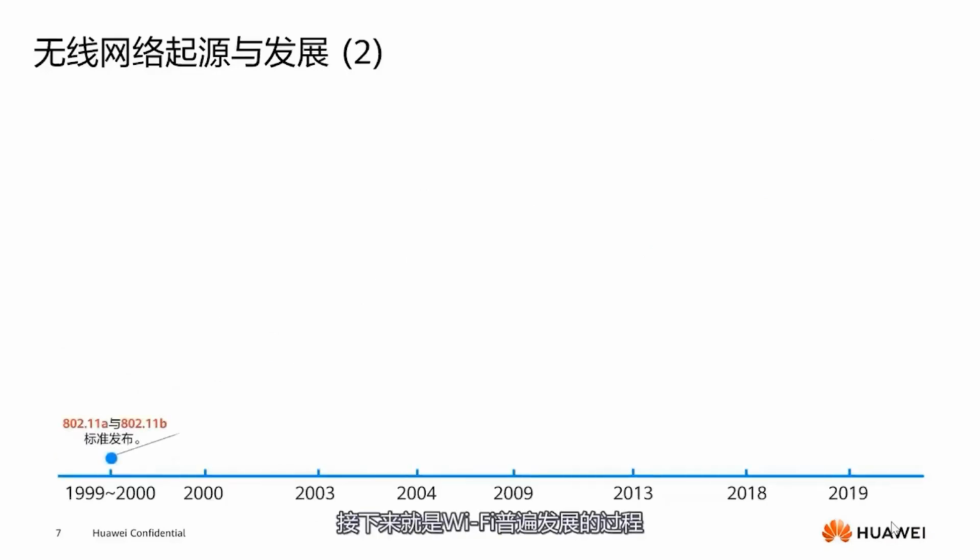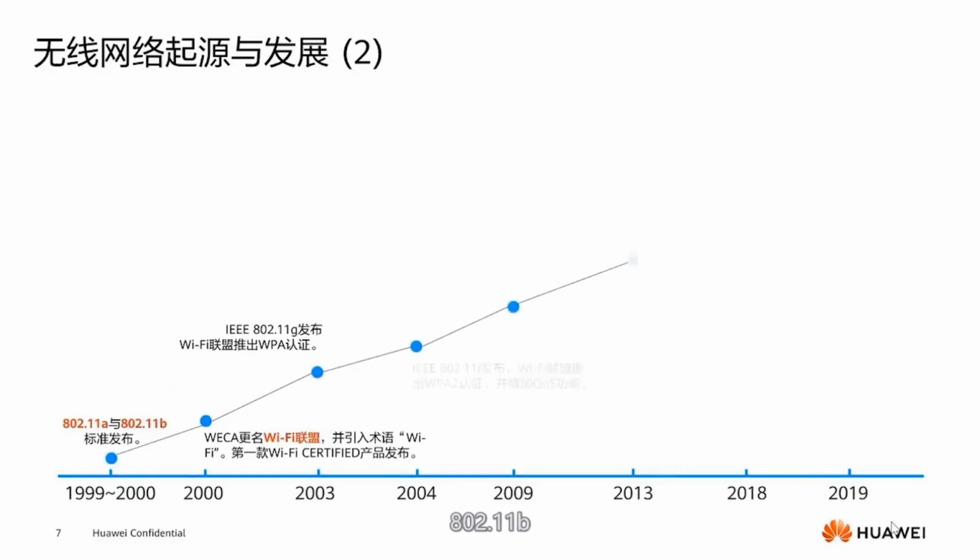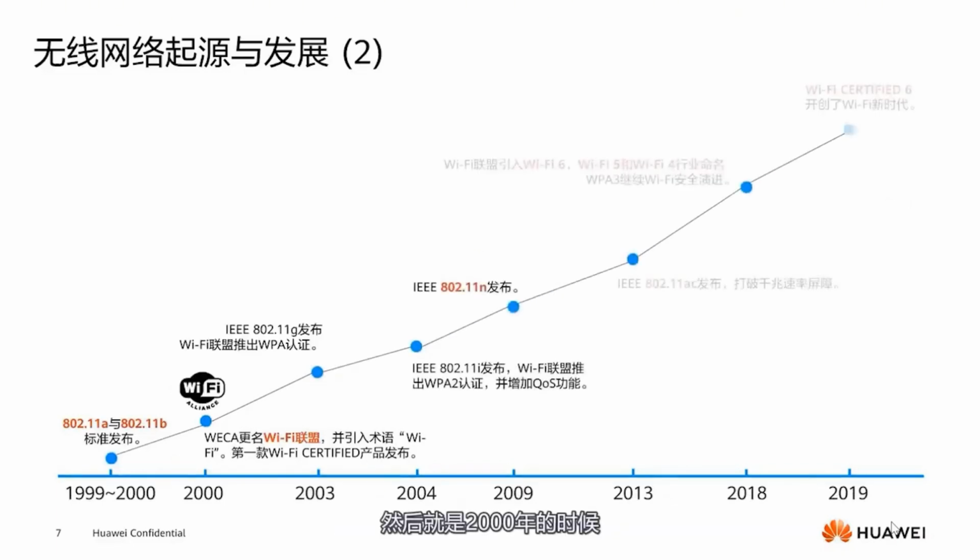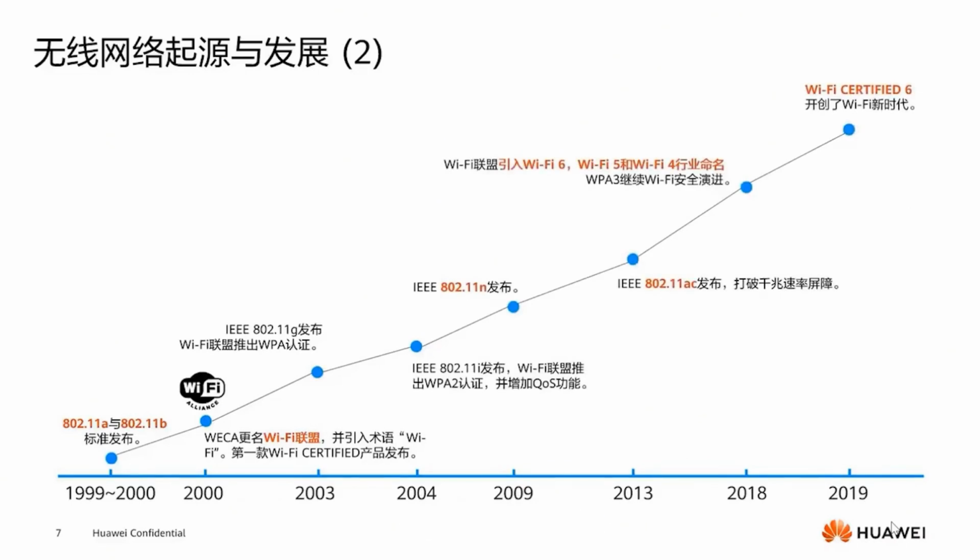Next is the general development process of Wi-Fi, like our 802.11a, 802.11b, and then in 2000, WECA was renamed to Wi-Fi, and the first Wi-Fi certified product was released, meaning you submit your product to the organization. The Wi-Fi Alliance will review your product to see if it meets the requirements, conforms to the standards.